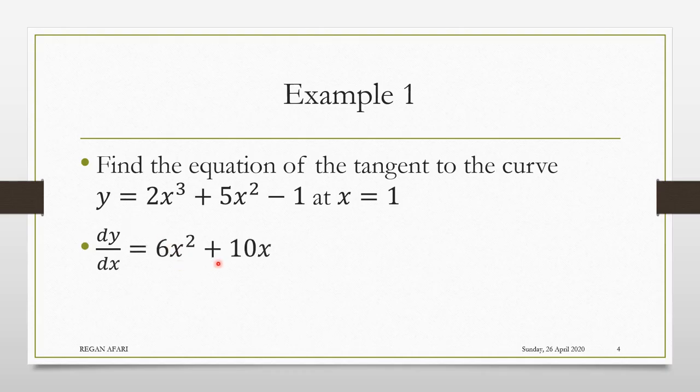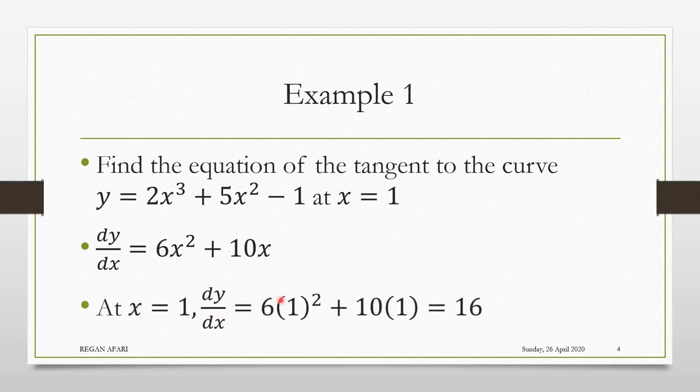But we need to find the gradient of this curve at the point x equals 1. So we will put x equals 1 into this gradient function to find the gradient. When we do that, we get the gradient to be 16.